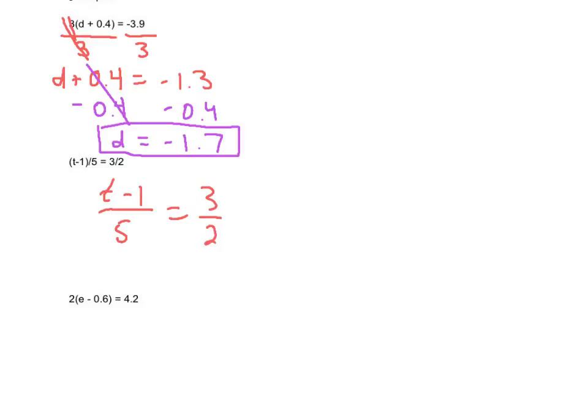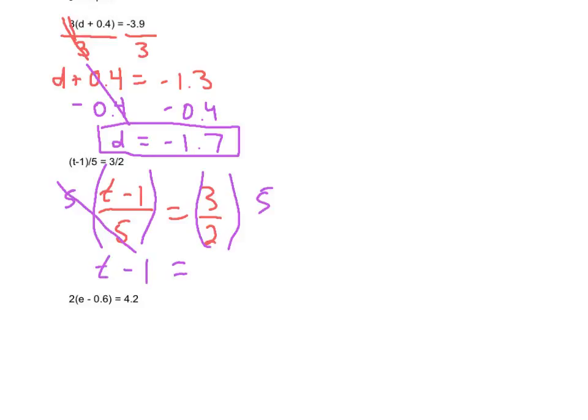Before, we would write that out and do a distributive property of the 1/5 that's out in front, but instead we are going to recognize t minus 1 is being divided by 5. Let's undo that operation by multiplying the whole thing by 5. We multiply one side by 5, we got to multiply the other side by 5. 5 over 5 cancels out. We're left with t minus 1.